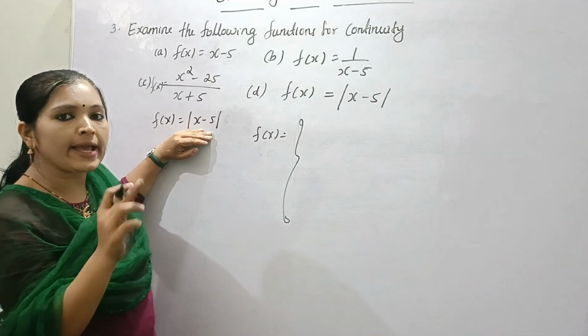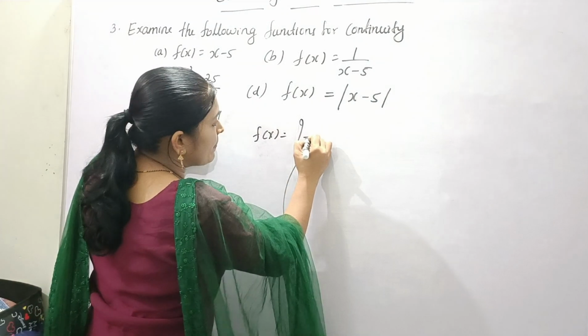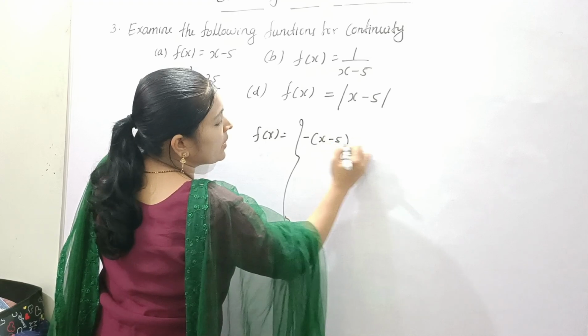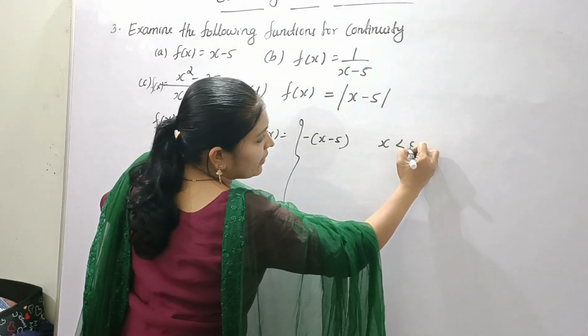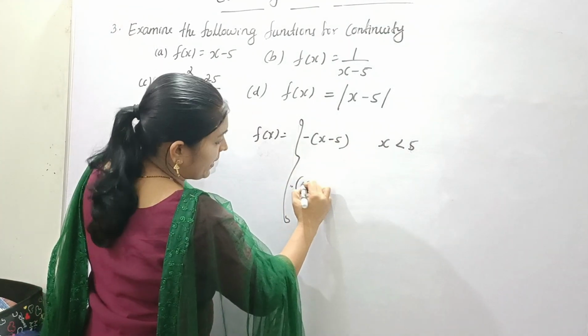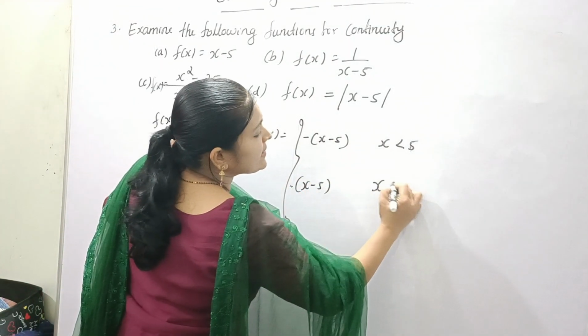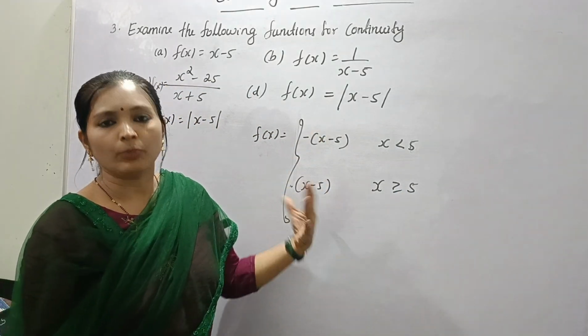We know that modulus x can be defined as minus x when x is less than 0. So here, minus of x minus 5 when x is less than 5, and x minus 5 when x is greater than or equal to 5. Similar to modulus x.